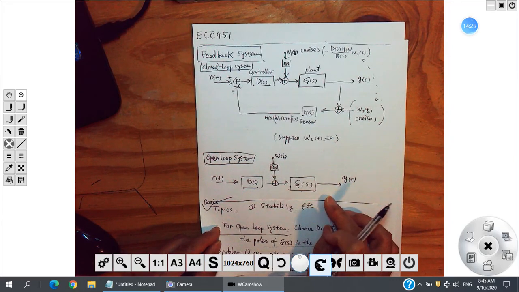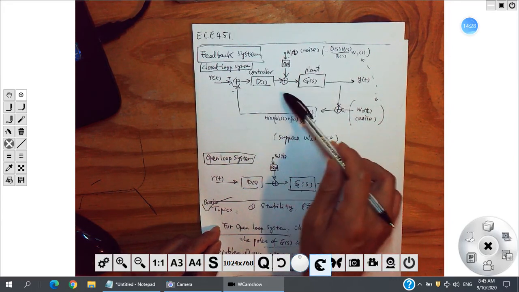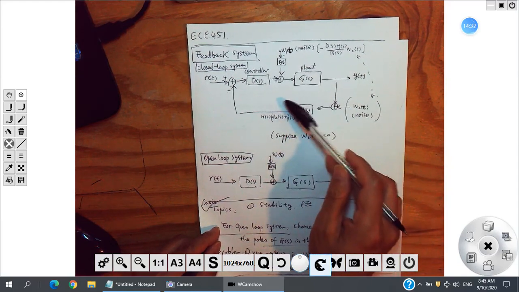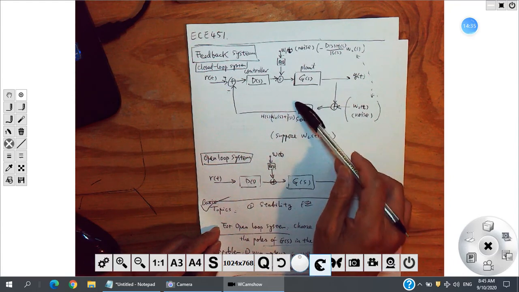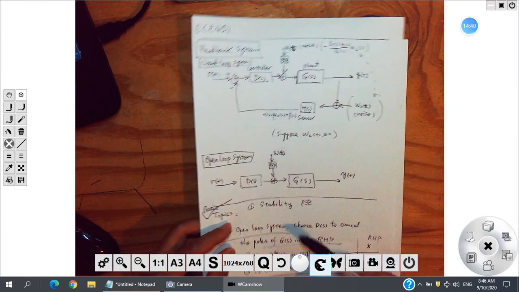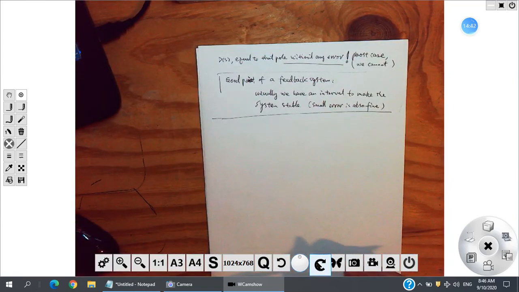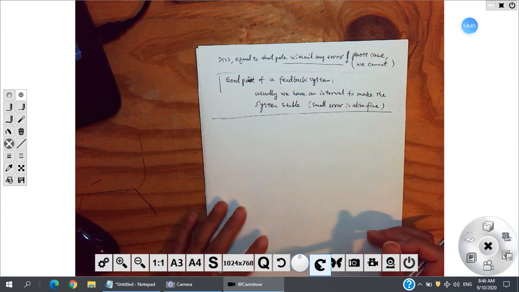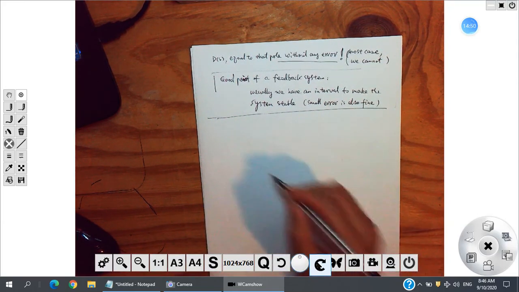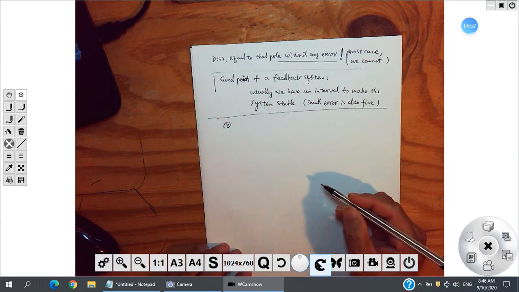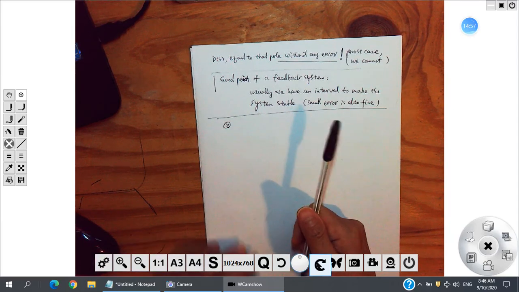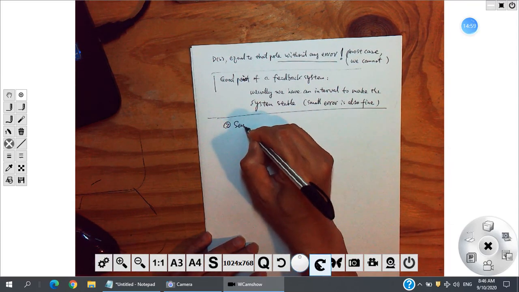This is the most important reason people like to use feedback systems rather than just open loop control systems. So this is the first basic topic, stability. The second one, as I told, the system may have some error. We call this sensitivity.